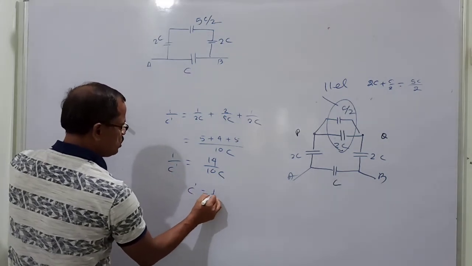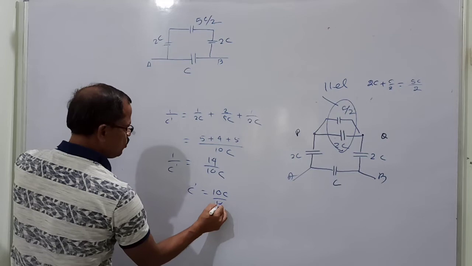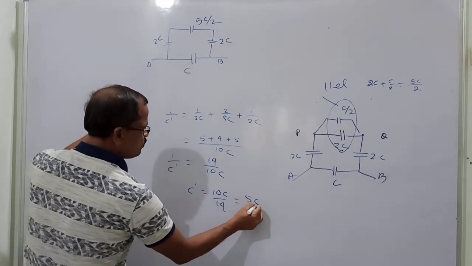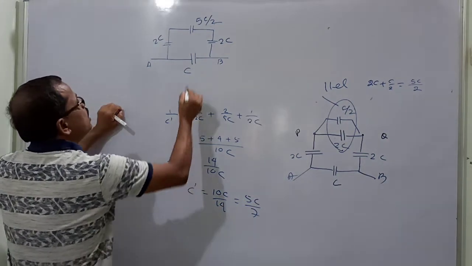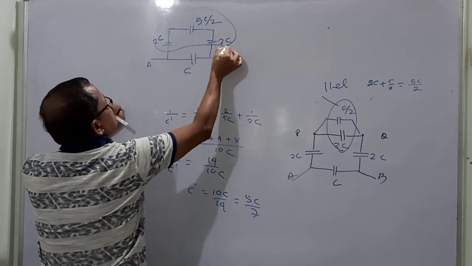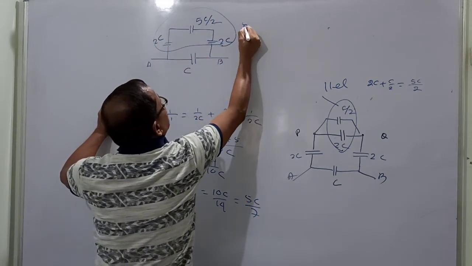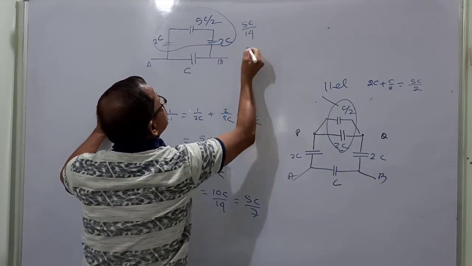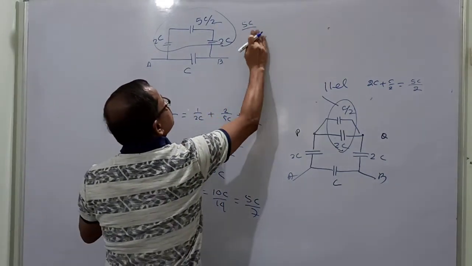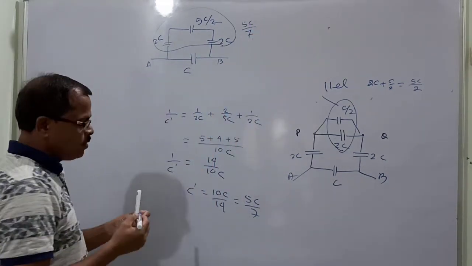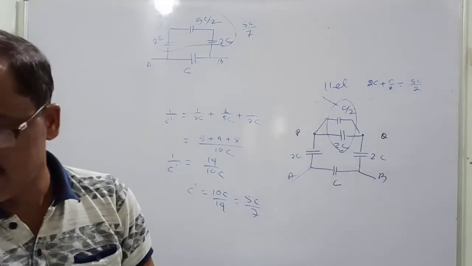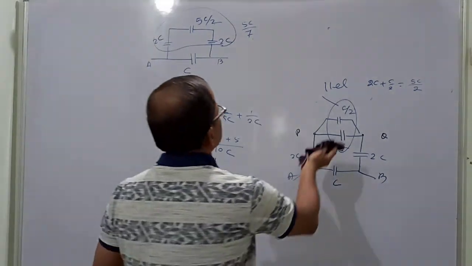So C dash is equal to 10C by 14. It is equal to 5C by 7. So combinedly these three is found to be, sorry, 5C by 7.